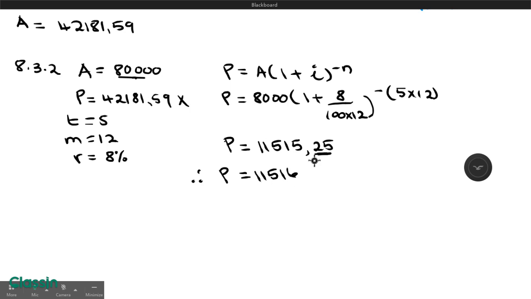So because we say to the nearest rand, it means that the final amount that this person must invest will be 11,516 rands. Okay, so that is the end of question 8.3.2.